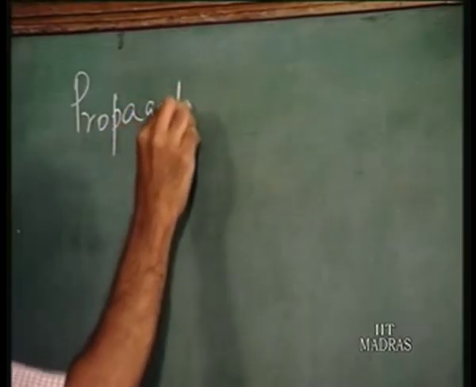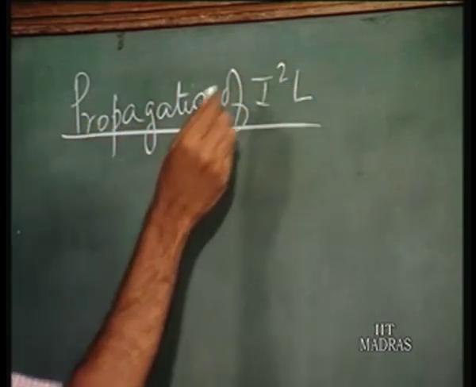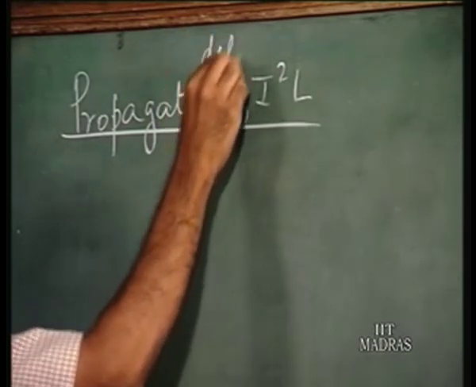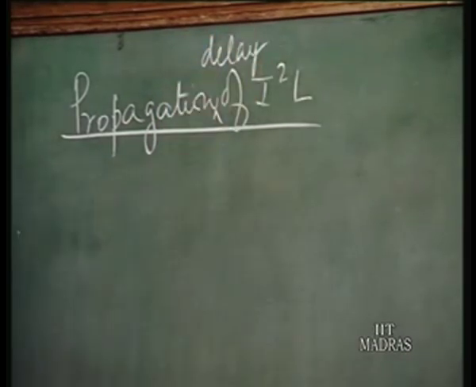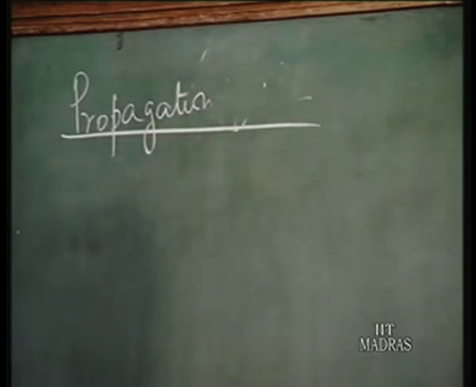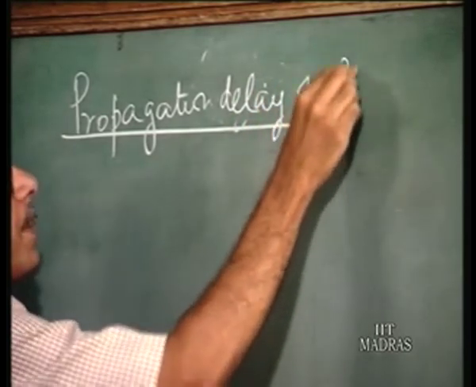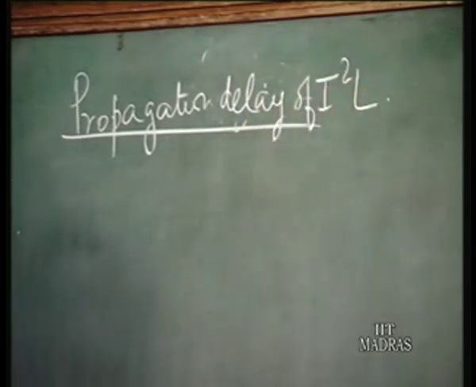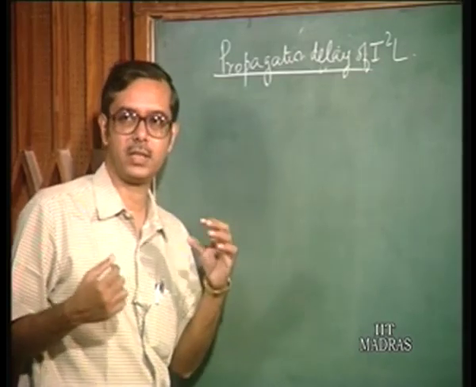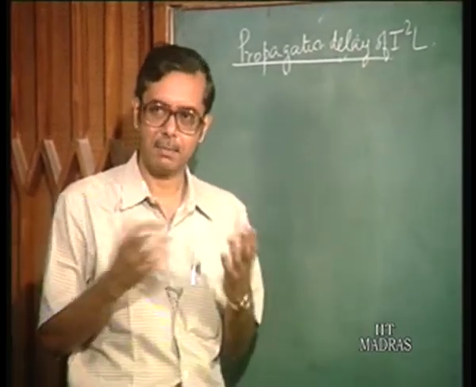Propagation delay of I squared L. Now, the I squared L delay, just like the delay in a bipolar junction transistor, depends on the capacitances.